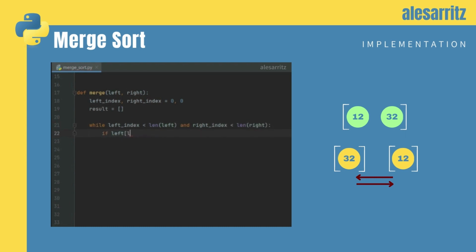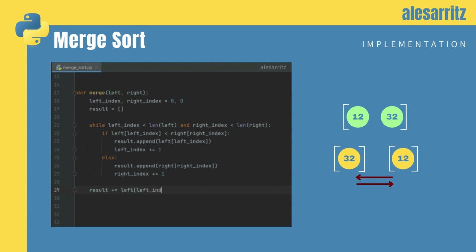Inside the loop, we compare the current processed element of the left array with the one of the right array, and if the element of the left array has the lowest value, we append it to result and increment the left index. If that's not the case, we append the element of the right array and increment the right index. Once we are out of the while loop, we add the remaining elements of the left or right array to result and then we return it.